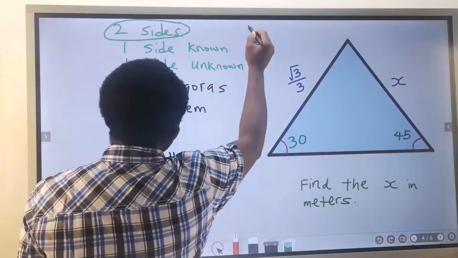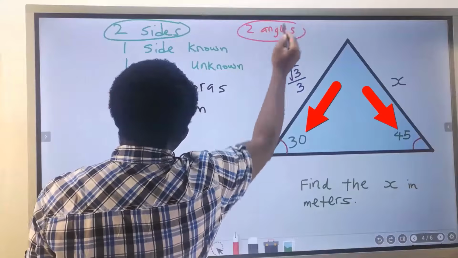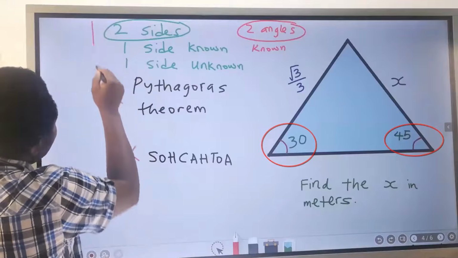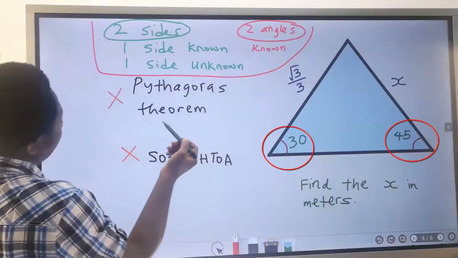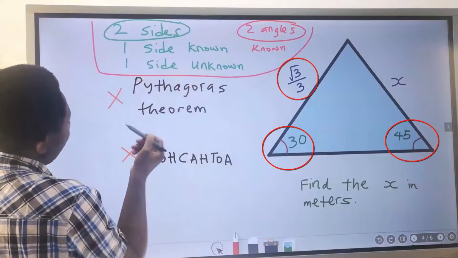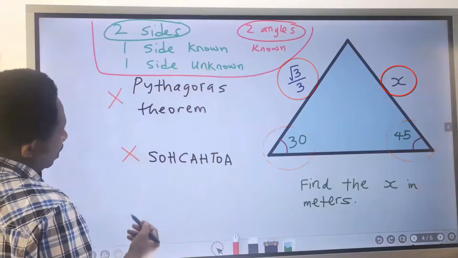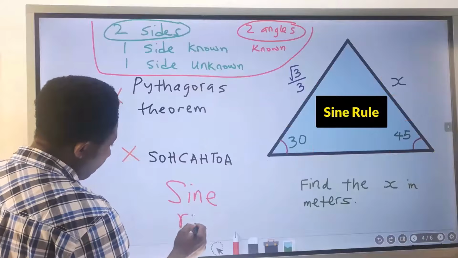And we also have two angles, and these two angles are known. In this condition, where you have two known angles, one known side and one unknown, then you should think of sine rule.